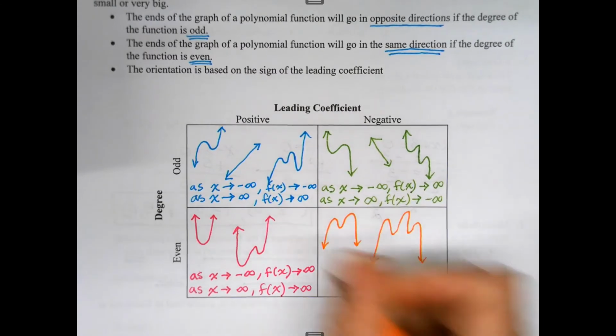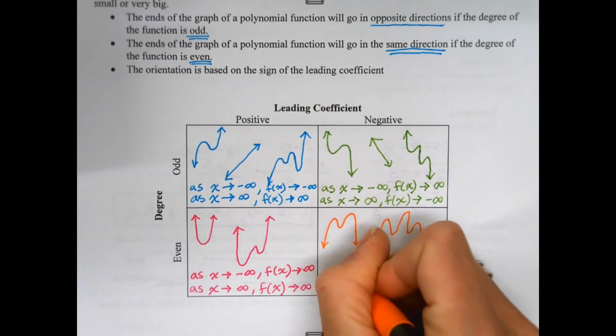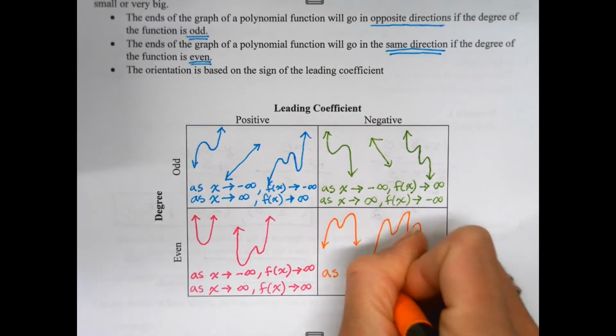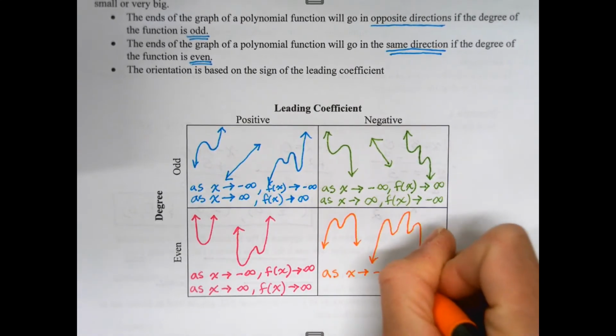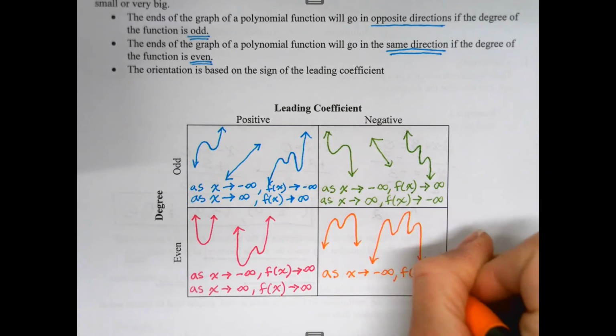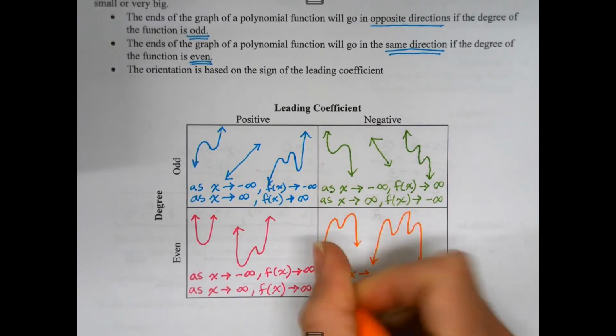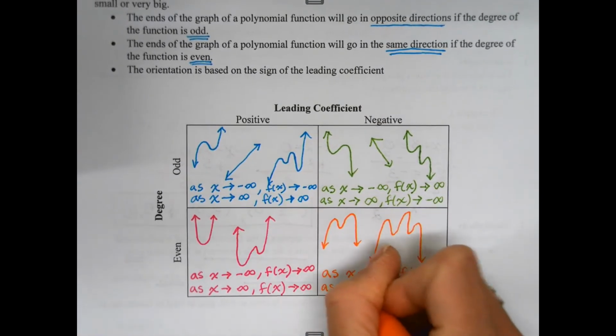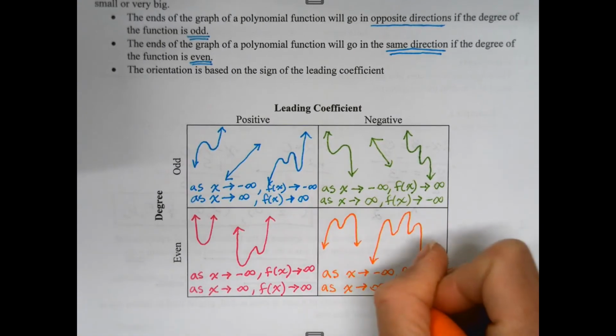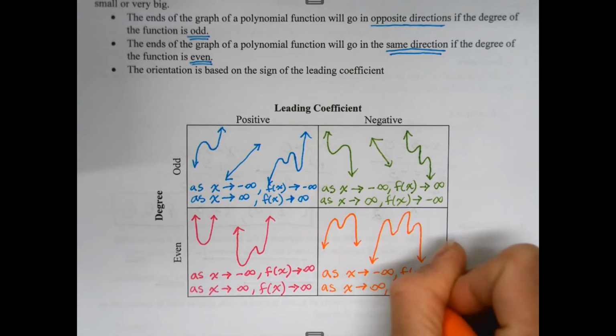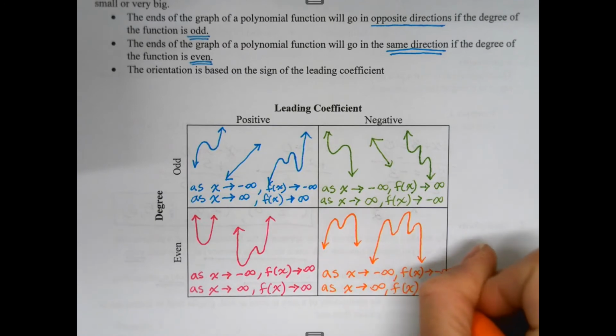But both ends will be facing downwards. So as x goes towards negative infinity, our f of x value goes to negative infinity. And as x goes towards positive infinity, our f of x values go towards negative infinity.